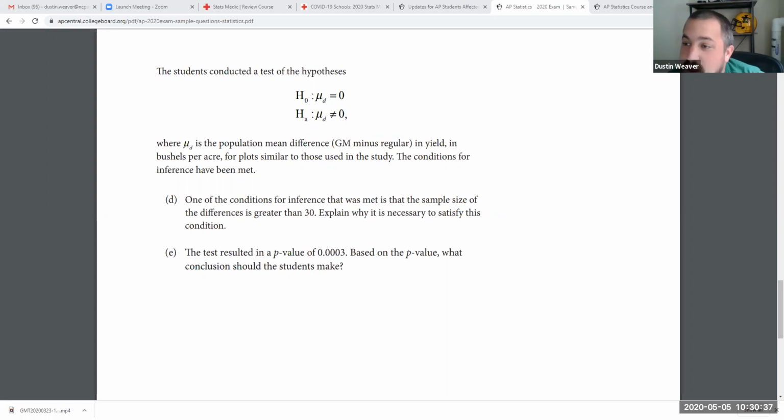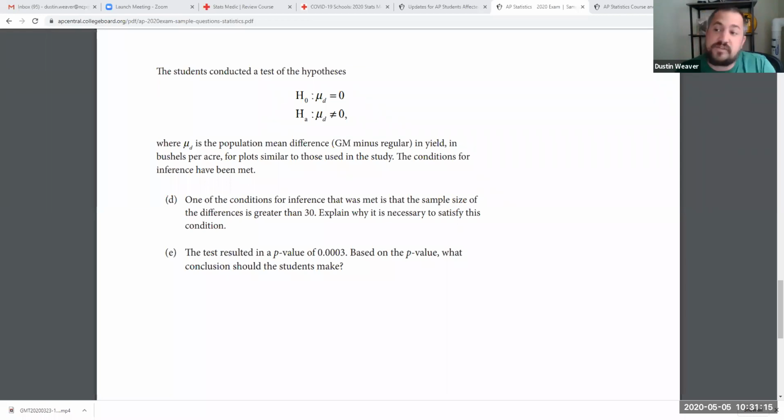Even if the population is not approximately normal, a sample size of at least 30 will allow us to pass the normal condition and assume that our data is approximately normal.